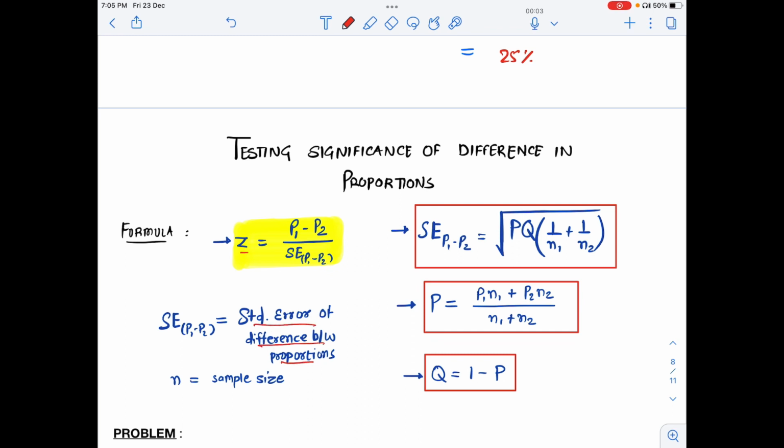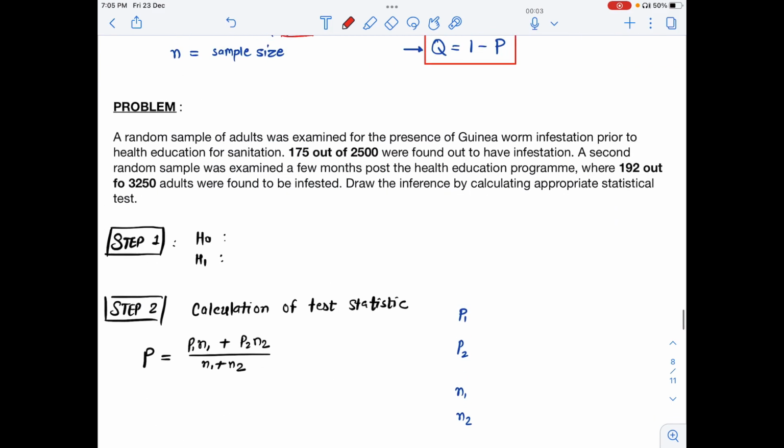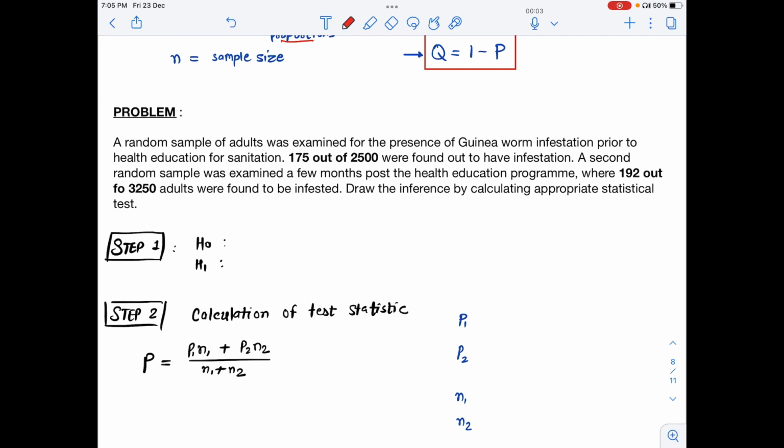It can be calculated by this scary looking formula, but it is not really scary once you practice twice or thrice. And the P is actually capital, not small one. It is different from this P1 and P2, which can be calculated by this formula, and Q is 1 minus P. So we'll take another problem and we'll learn the steps as we go through.